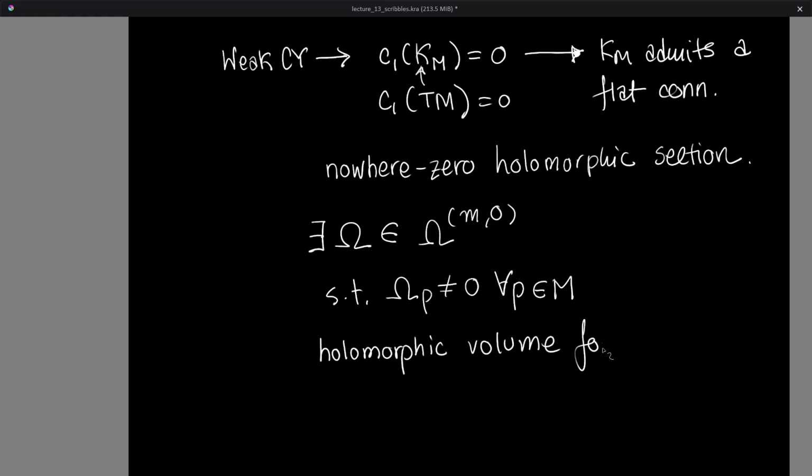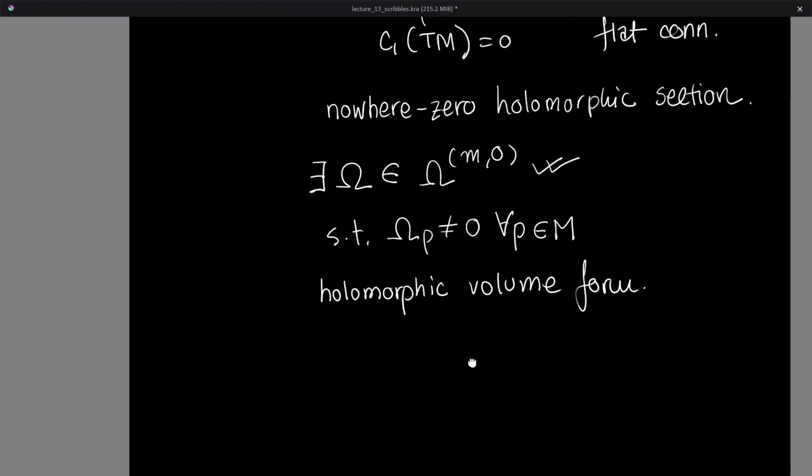It's a top-dimensional holomorphic form, and if the canonical bundle admits such a form, then the bundle will be trivial. And so we are also ensured the existence of this volume form, which turns out to be pretty useful.